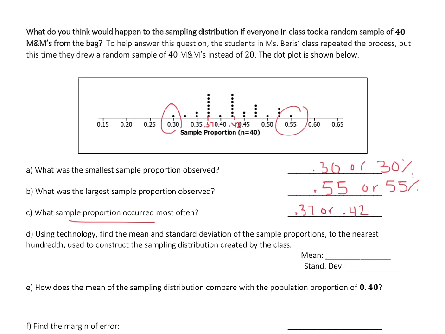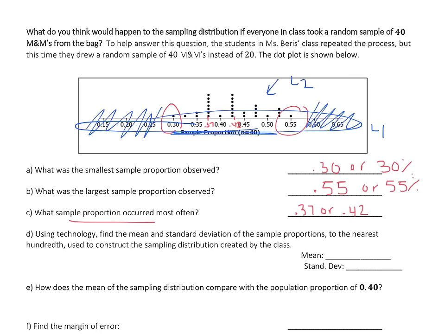So just like we did in the last example, take your calculator, find the mean and the standard deviation of these values here. These values go into your list 1, and the frequencies go into list 2. Hit resume once you've done that.